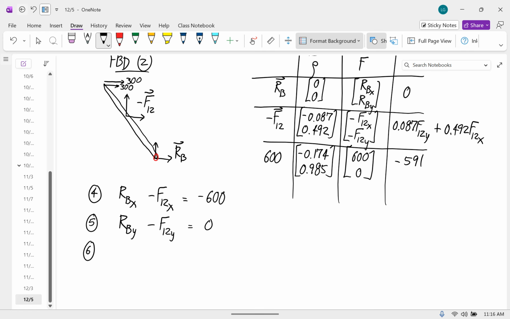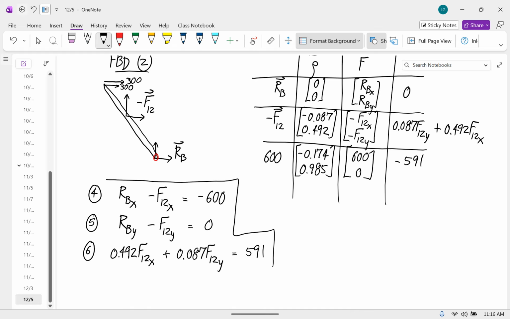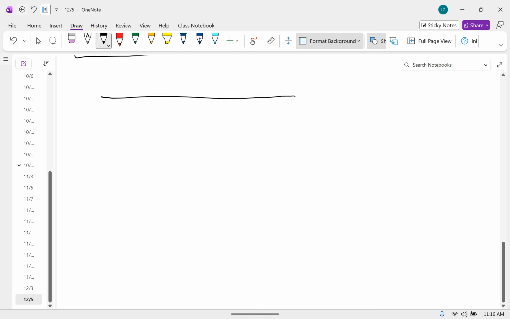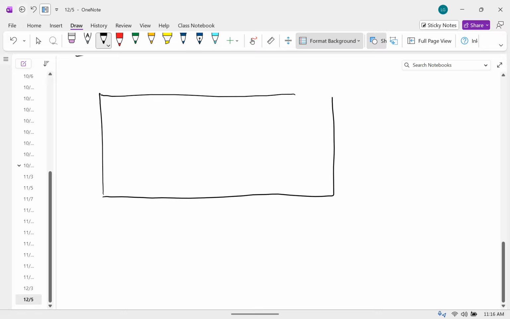And equation 6 says 0.492 F12X plus 0.087 F12Y is equal to 591. Okay, so we have 6 equations for 6 variables. So 6 rows, 7 columns.